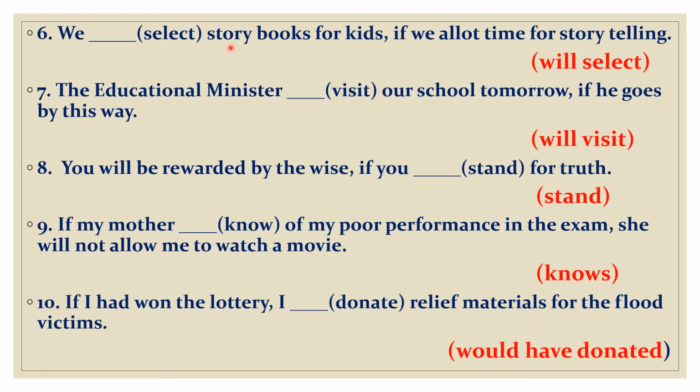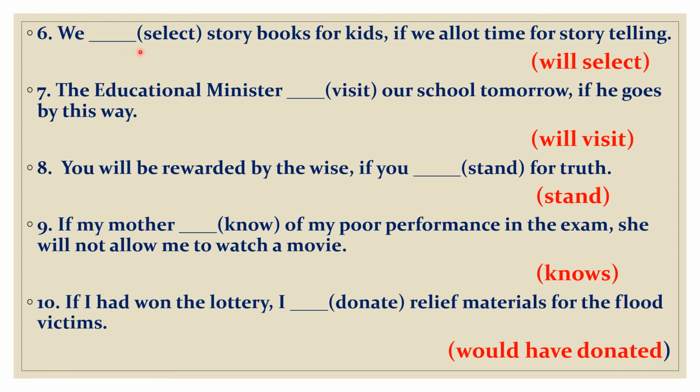We dash storybooks for kids if we allow time for storytelling. If plus subject plus present tense. This is the first type, open condition. So if plus subject plus present tense.